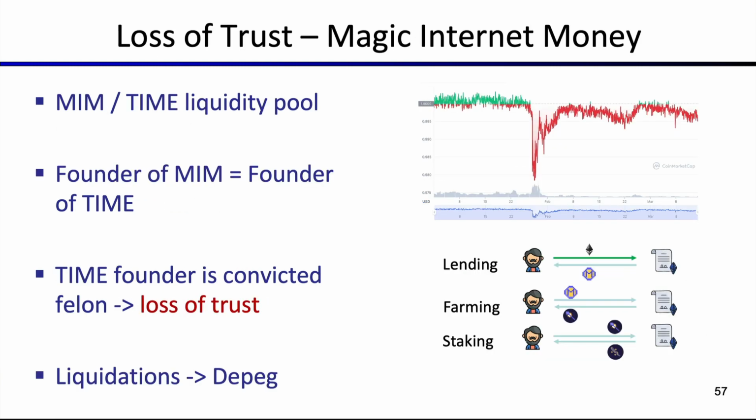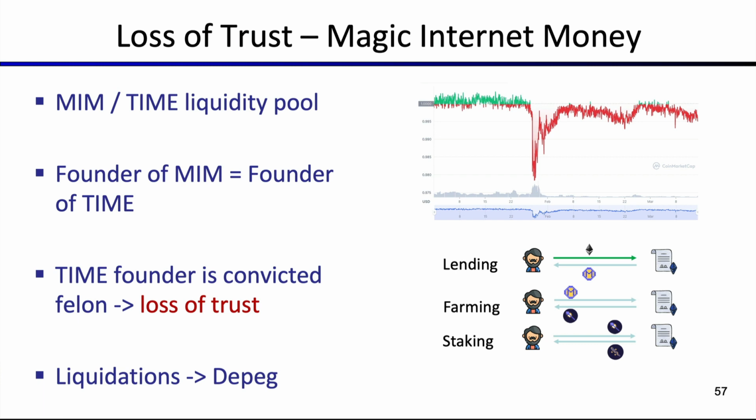Another example of loss of trust is where one of the founders of a protocol, MIM in this particular case, apparently was also the founder of another protocol, Time, and apparently this Time founder was a convicted felon. So there may have been a loss of trust in the person or the entity behind a particular protocol.